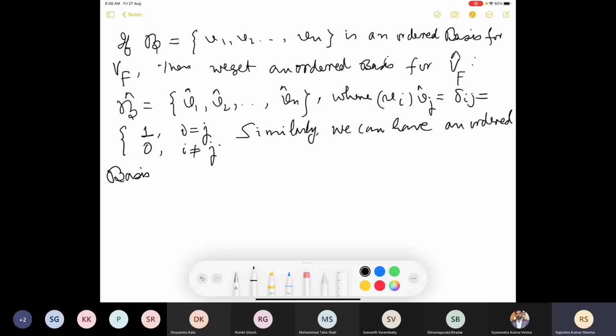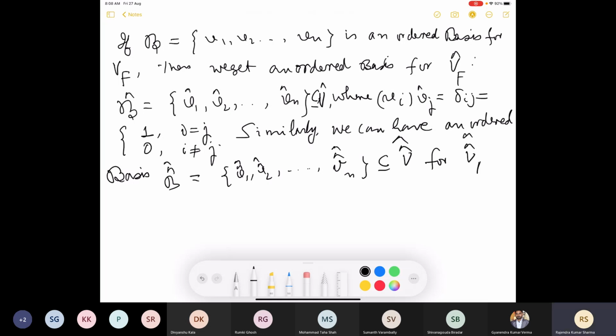These vi hats are of course in B hat, and these we can denote by putting twice the hats, v1 hat hat up to vn hat hat, a basis for V hat hat over F, such that you can see that vi hat hat under vj hat hat is delta ij for all i, j from 1 to n.